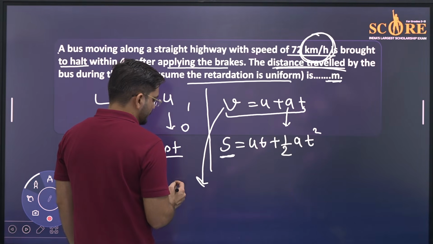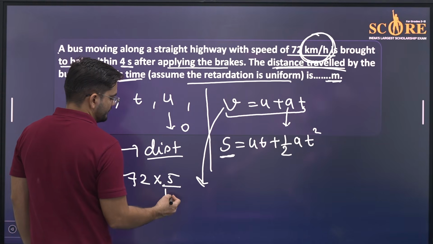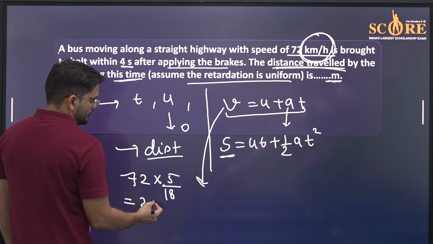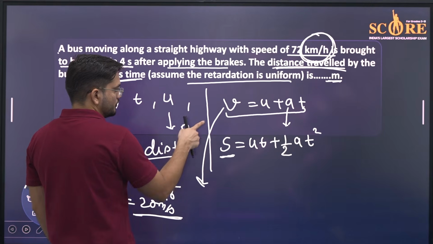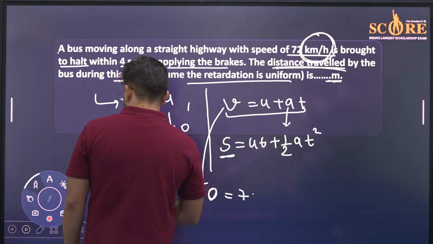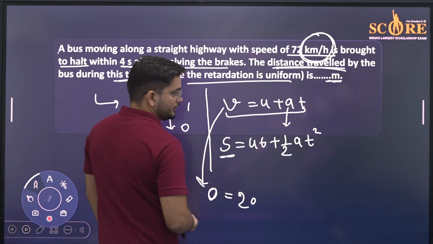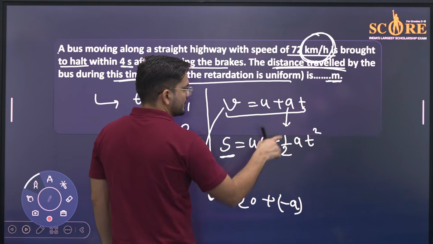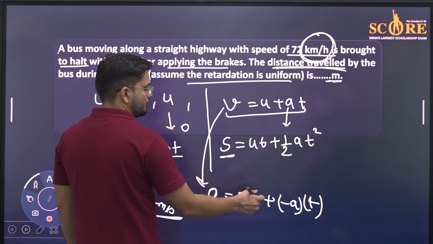So the 72 kilometer per hour, if we convert it into meter per second, we multiply by 5/18. Then what will be the result? 20 meter per second. So final speed is 0, initial speed is 72 kilometer per hour, so in meter per second it will be 20 meter per second. Acceleration is negative, so I consider it minus a, and the time taken by the bus is 4 seconds.